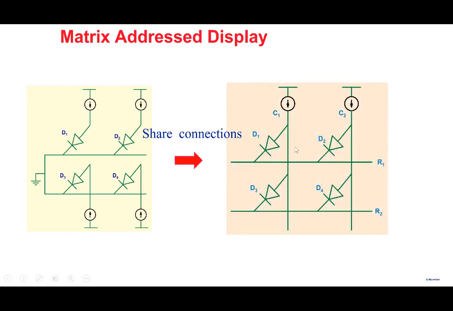Note that the savings will not be obvious because it's a very simple display. But what has happened is this LED's cathode and this LED's cathode are connected together into what we call row 1. And LEDs D1 and D3 share a column, so we call it column 1 and column 2. In this case, you require 4 external terminals. In this case, also 4 external terminals, and that's because it's only 2 cross 2.